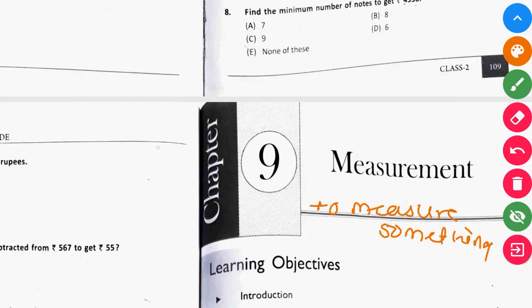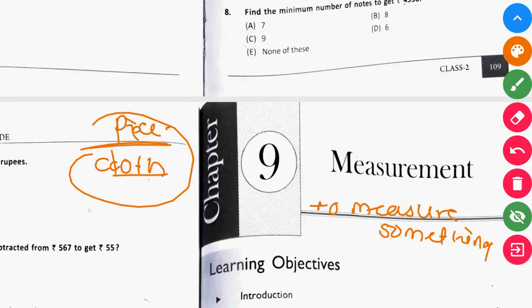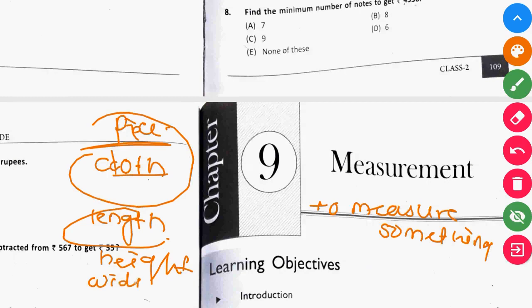Now, see, we have some piece of cloth. For this piece of cloth, we measure its length, we measure its height, or we measure its width.